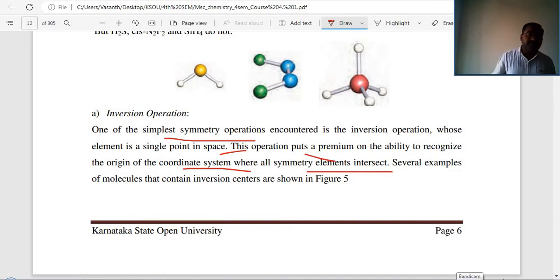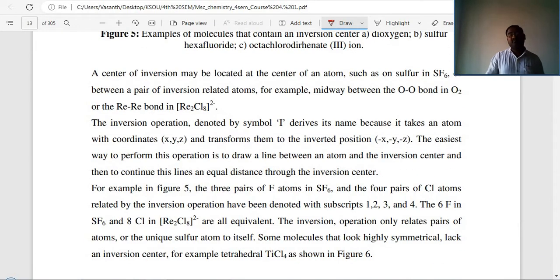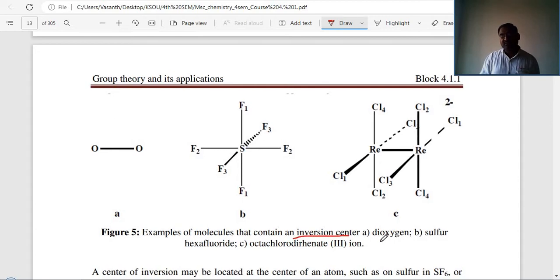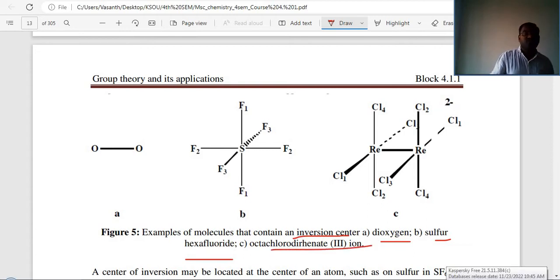We have taken several examples for the inversion operation. The molecules which contain an inversion center include dioxygen, sulfur hexafluoride, and octafluorotellurate.